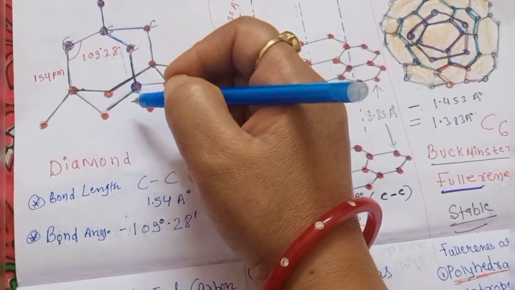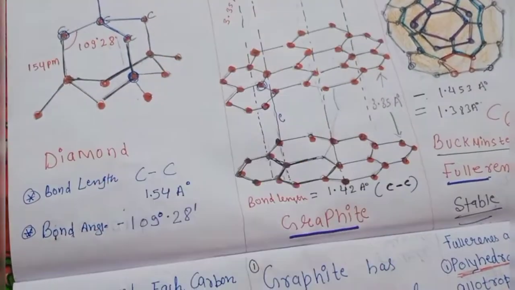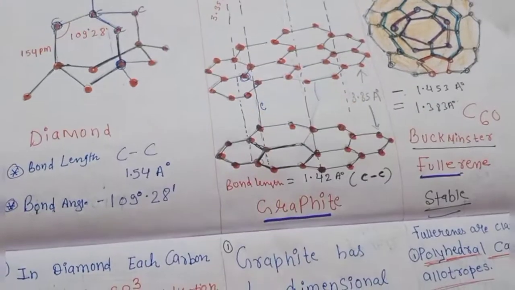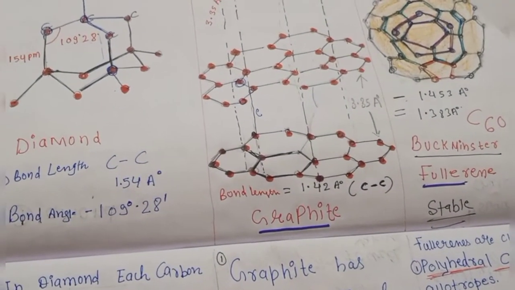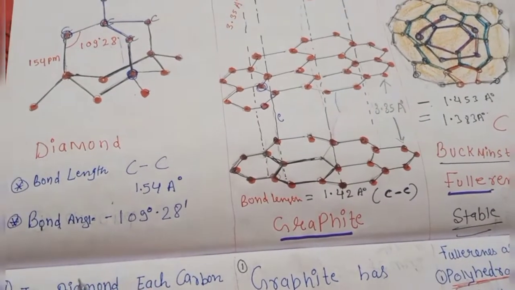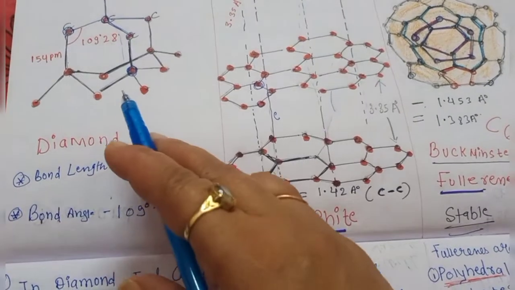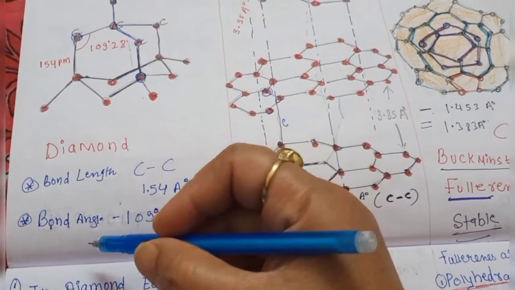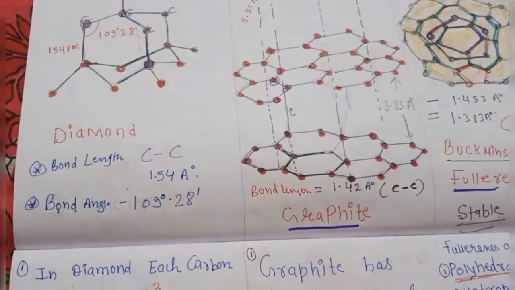The bond angle in a tetrahedral is 109 degrees 28 minutes, and the carbon-carbon bond length in diamond is 1.54 Angstrom.